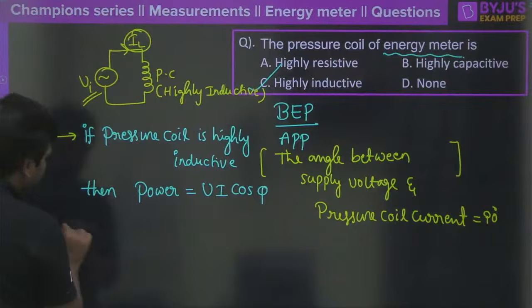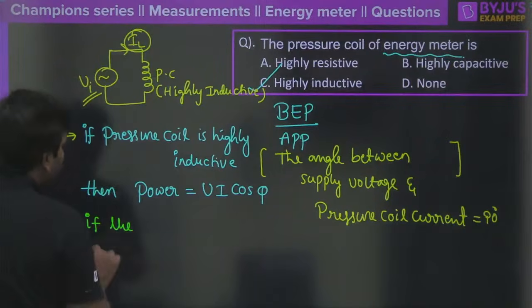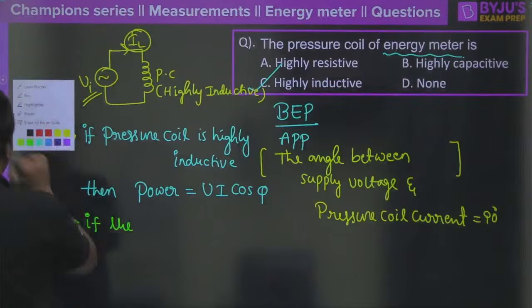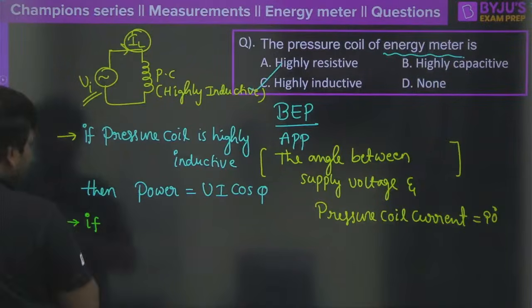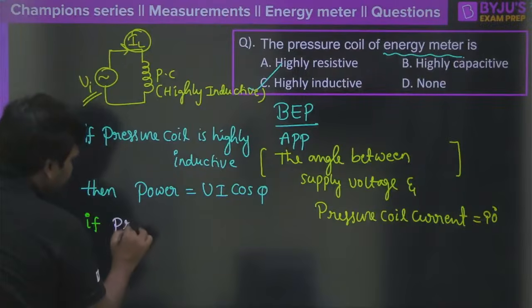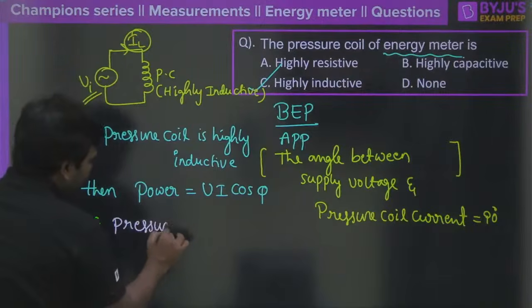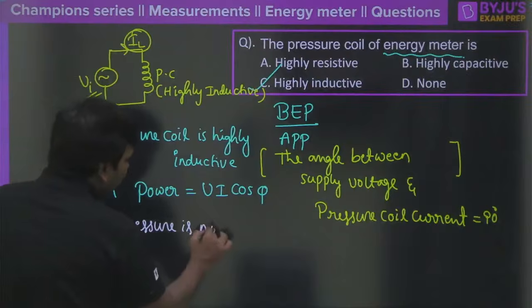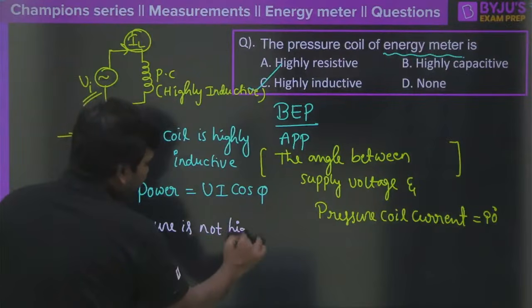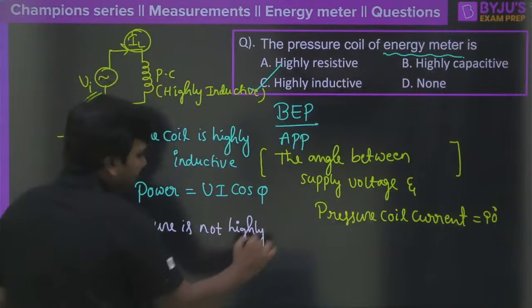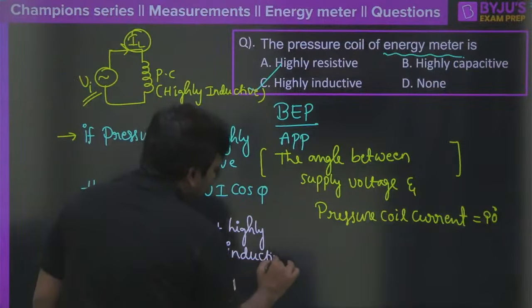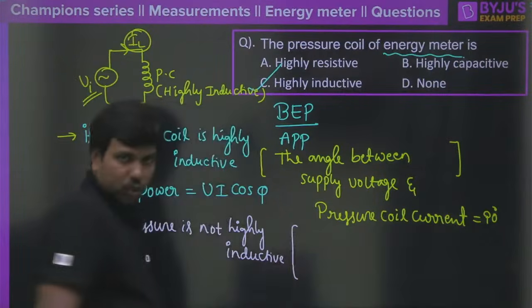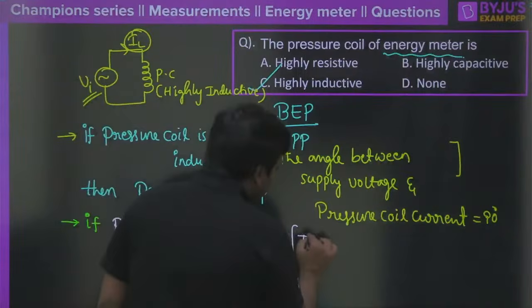Now one must really understand what happens if it is not the case. Assume the pressure coil is not highly inductive. Let me tell you what the problem is here. If it is not highly inductive, then I am very sure there exists an angle difference.